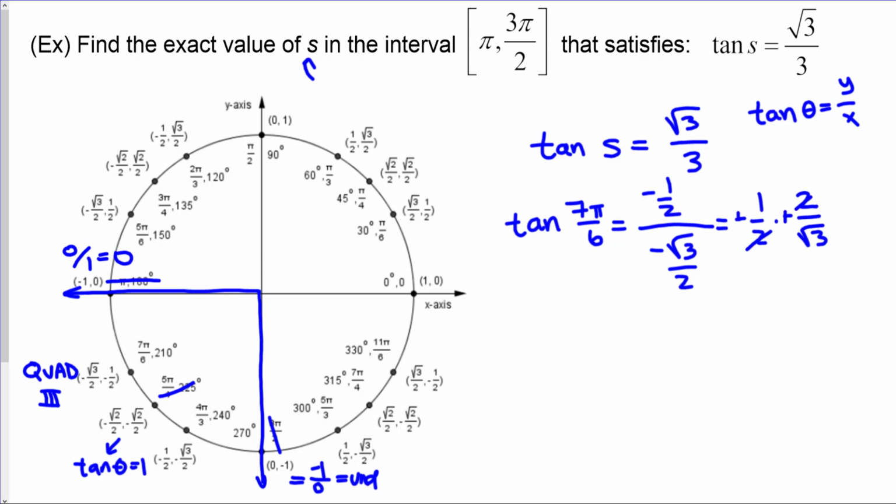Negative times negative is positive. When I rationalize, which means I multiply the result by square root of 3 over itself, I do in fact get square root of 3 over 3. So that means s is 7 pi over 6.